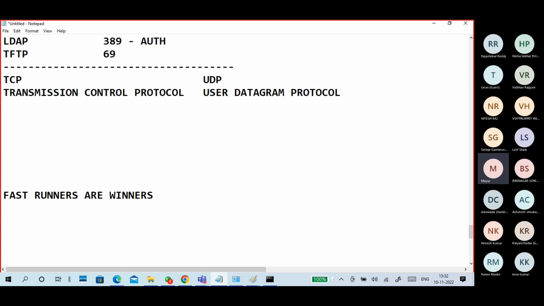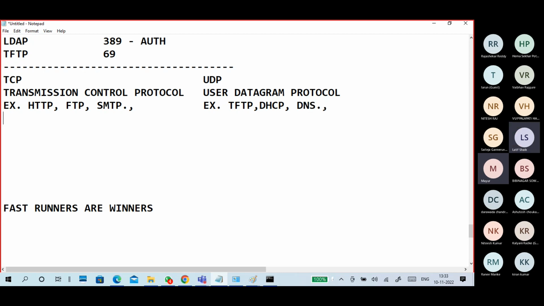User Datagram Protocol. Remember, some protocols are TCP type, some are UDP type. For example, HTTP is a TCP type protocol. FTP is a TCP type protocol. SMTP is a TCP type protocol. There are so many; you have to check and verify. The best example of a pure UDP protocol is TFTP. DHCP and DNS are UDP type protocols.